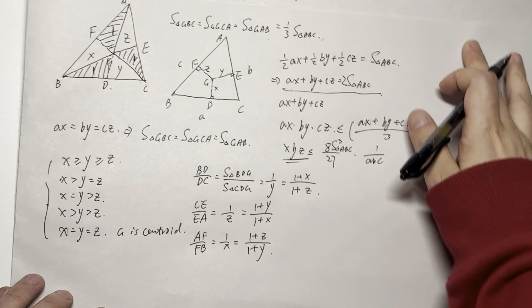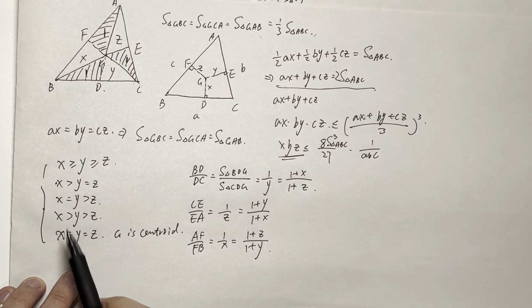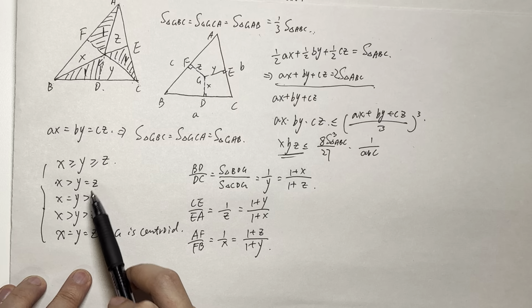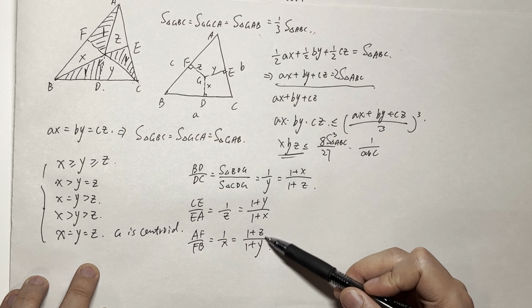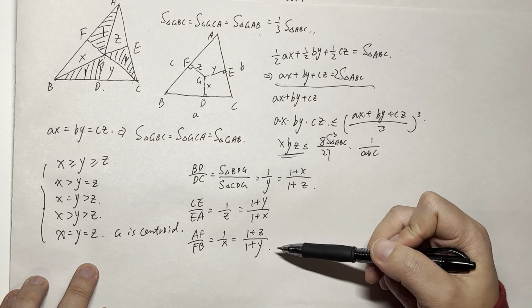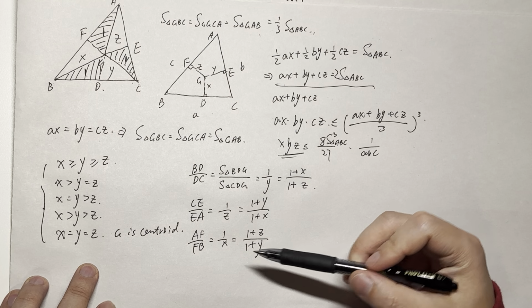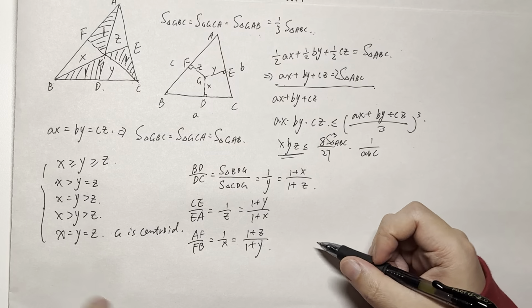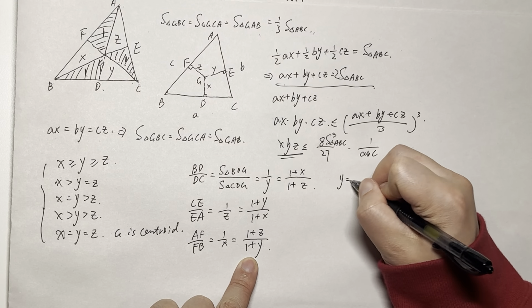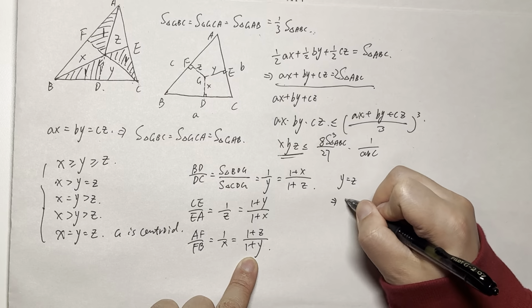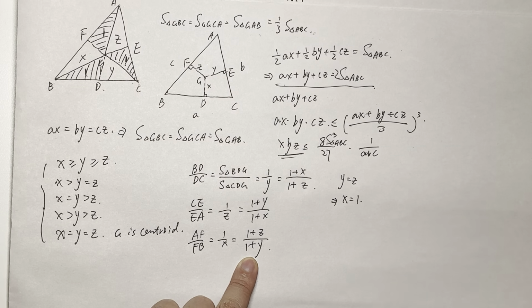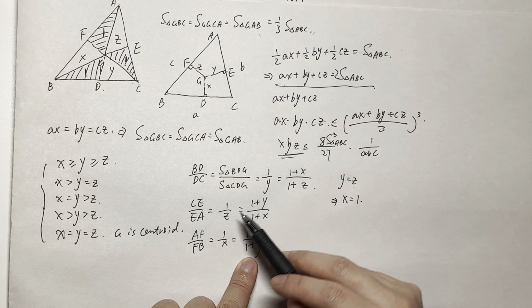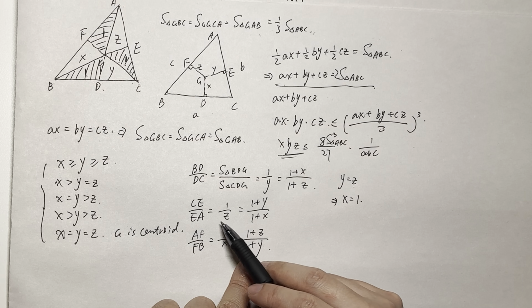And let's think about the case where x is larger than y, but y equals z. If y equals z, which means x equals 1, right? So we got x equals 1. And because y equals z, 1 over y equals 1 over z, right?